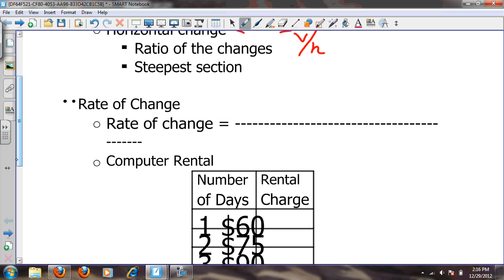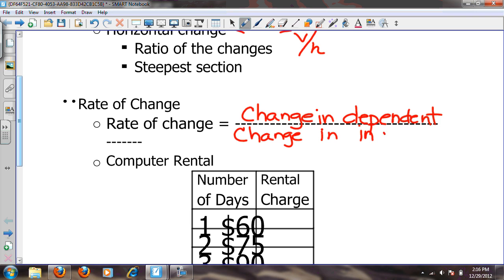The rate of change, which is what we found in this, can be found by the change in dependent over the change in independent. Or how else could I say those things? What do you think, Zoe?